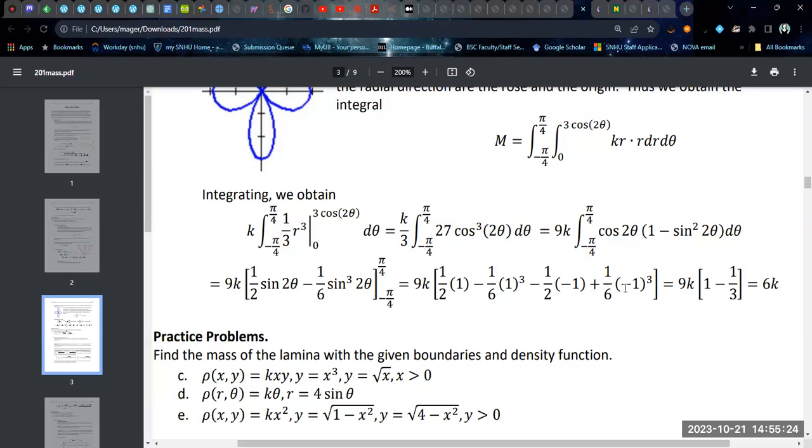But when you plug in the values, sine of 2 times pi over 4 is sine of pi over 2, which is going to be 1. And when you plug in the other limit, you get sine of negative pi over 2, which is negative 1. And you end up in the end with 6k as your total mass.